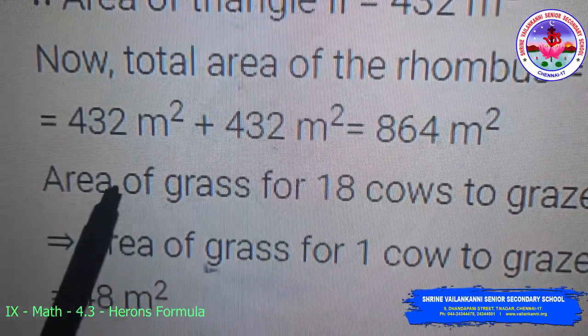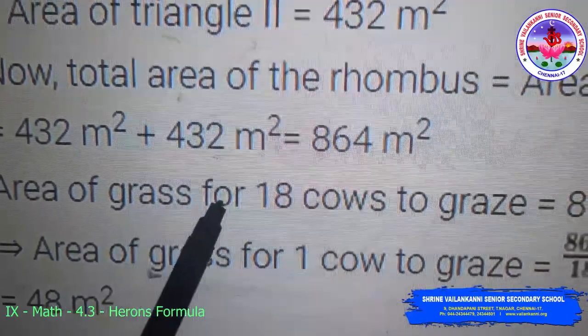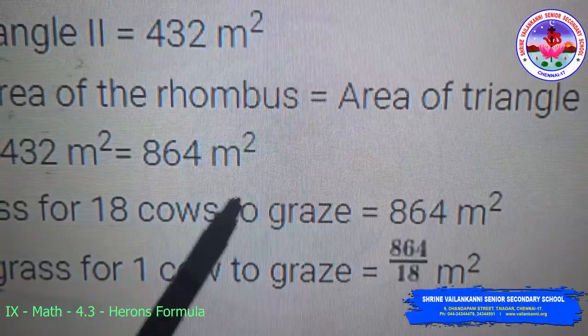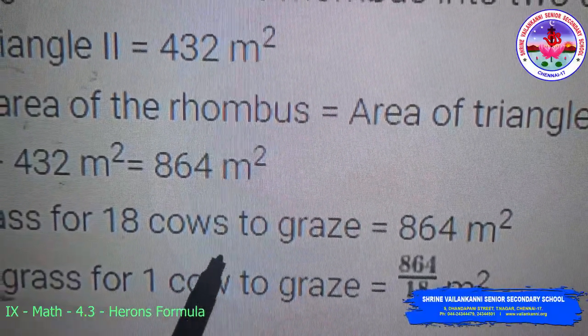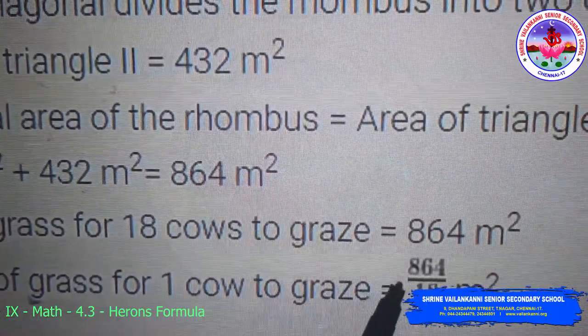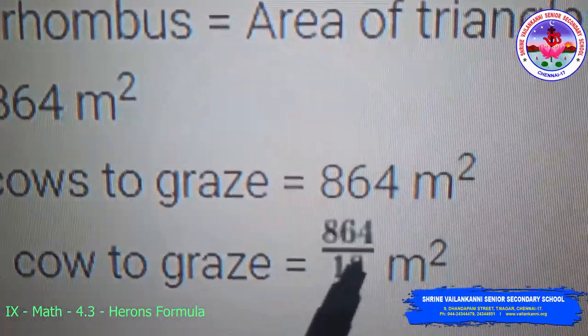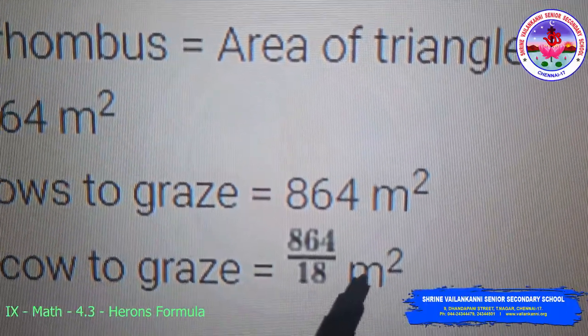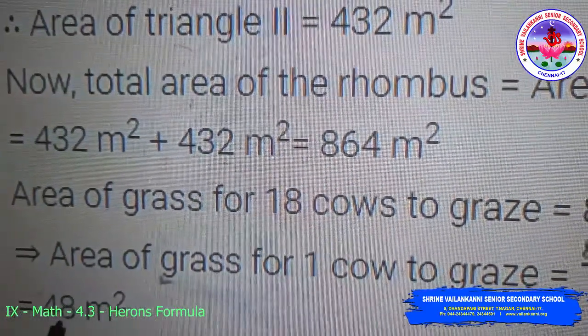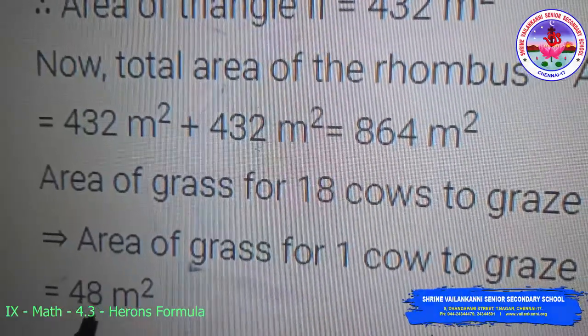This is the area of grass for 18 cows to graze. So we want to find out the area of grass for one cow. The area of grass for one cow to graze is equal to 864 divided by 18 meter square. So we will get 48 meter square, which was the area of grass for one cow to graze.